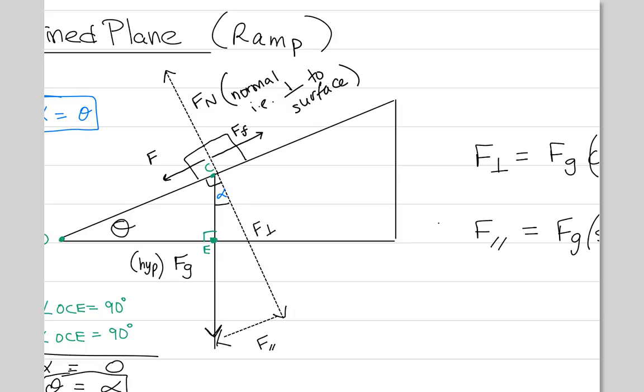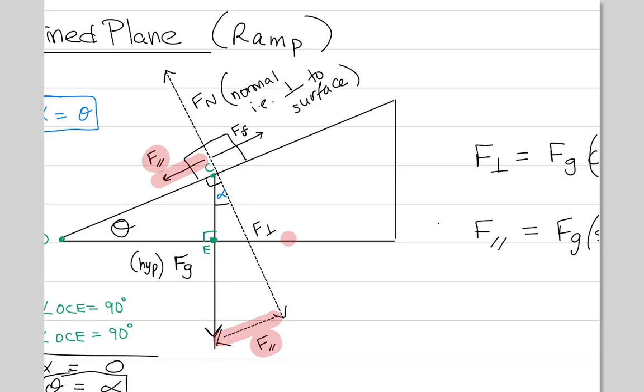Force, not perpendicular, but parallel. So I'll highlight those for you to show you that it's the same force vector. This and this, same force vector. It's just sort of like picked up and transplanted over. So those are your parallel vectors. So in order for this box to slide down the ramp at a constant velocity, what would have to happen?